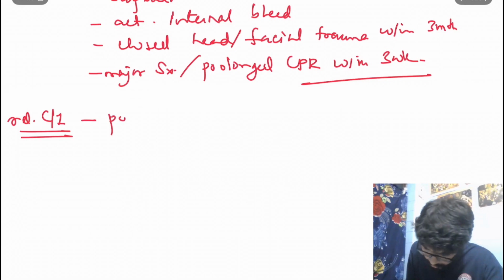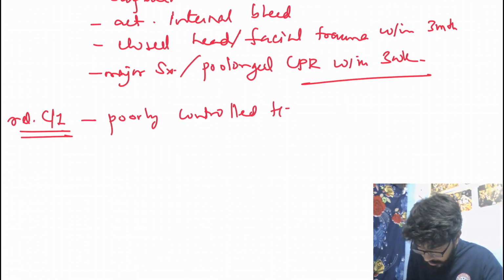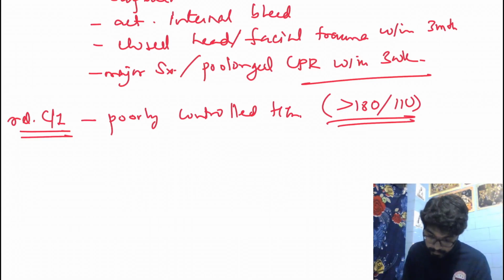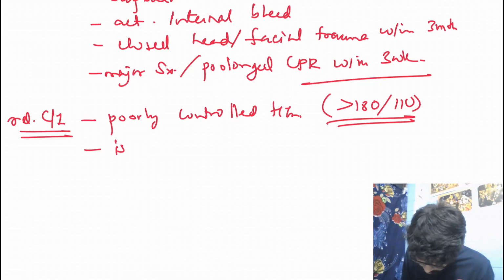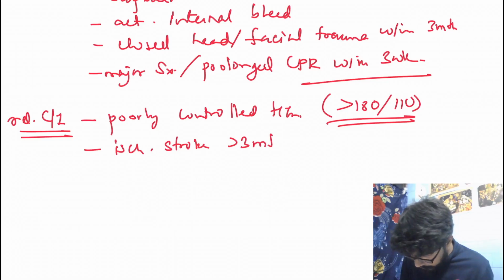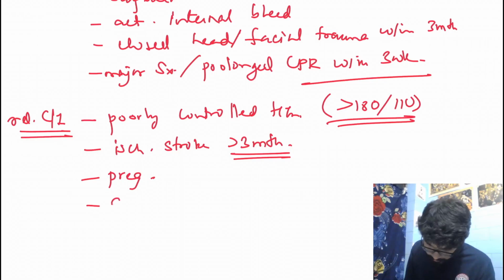Number 1 is poorly controlled hypertension. Right, on presentation the BP is more than 180 by 110. Then again ischemic stroke, but this time more than 3 months ago. Pregnancy is a contraindication. Then we have active peptic ulcer.